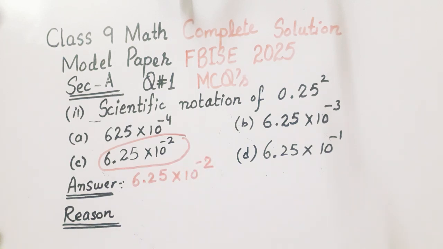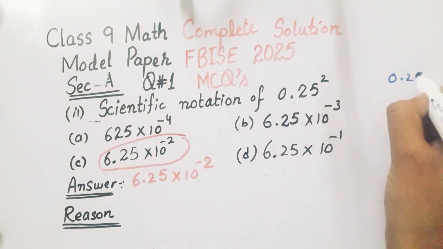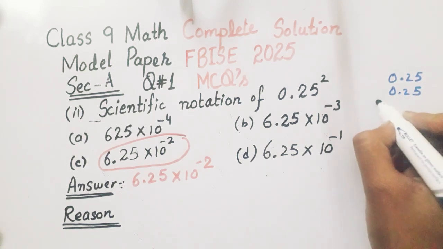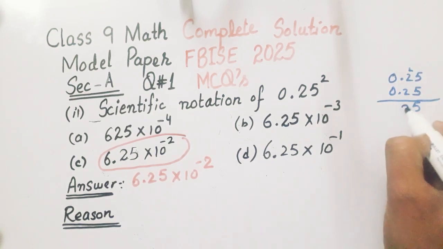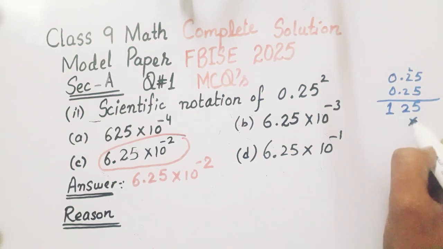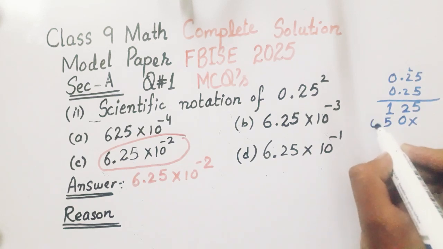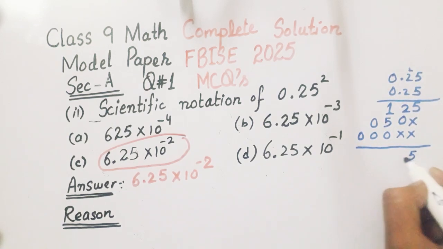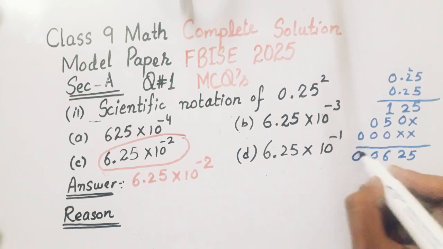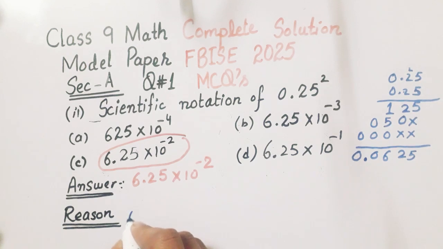Now the reason behind this is, first of all, multiply 0.25 by 0.25. The answer is 0.0625.